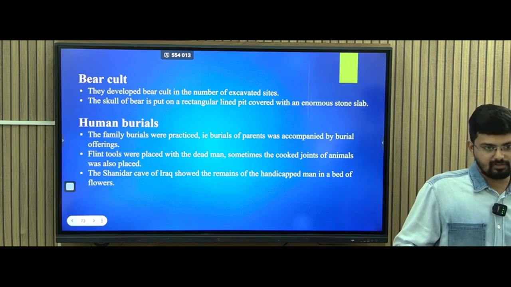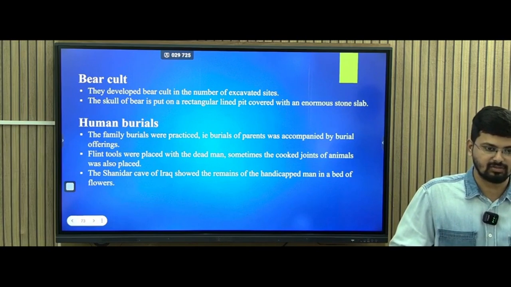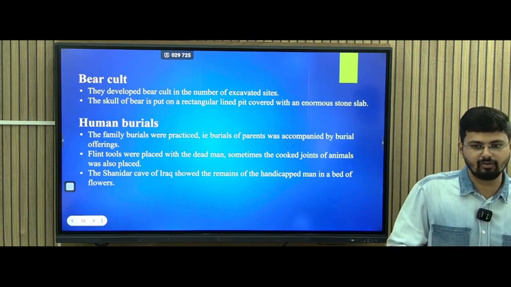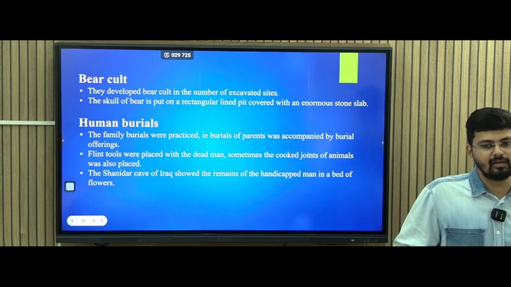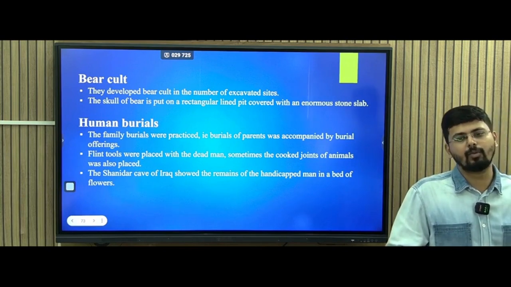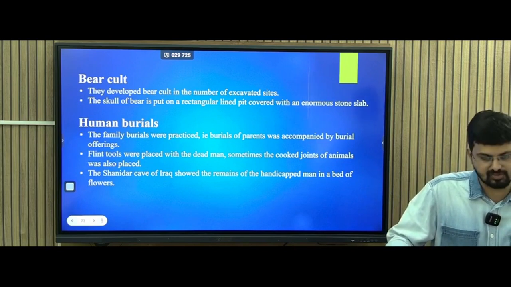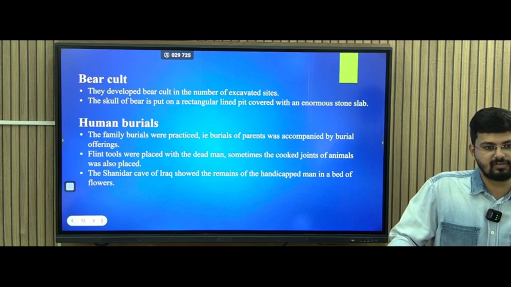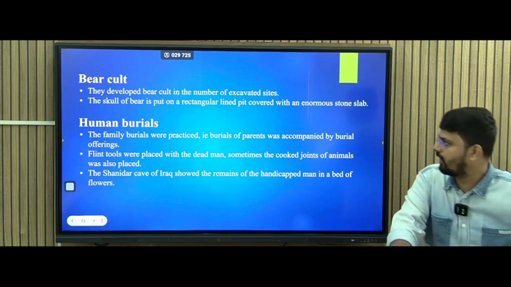Rather, that which is used to protect the body is called cloth, right? So they made that using the skin of animals, depending upon the glacial climate. If it is very harsh, very cold, then they'll use thicker skins. If it is normal, they'll use thinner skins, right? Accordingly they are stitching, and from there we can find.